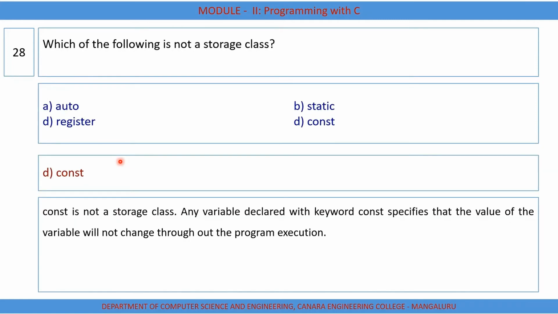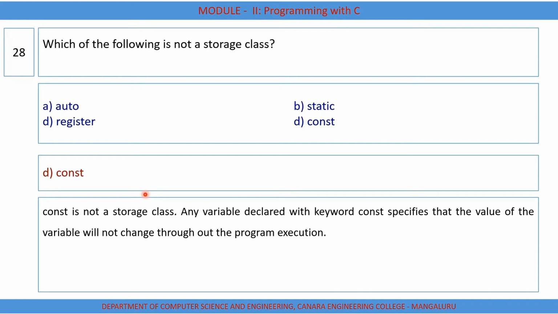Which of the following is not a storage class? Option A auto, option B static, option C register, option D const. Option D const is not a part of storage class, whereas auto, static and register are.